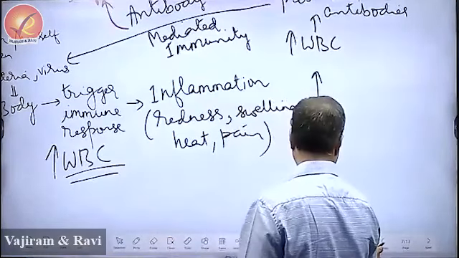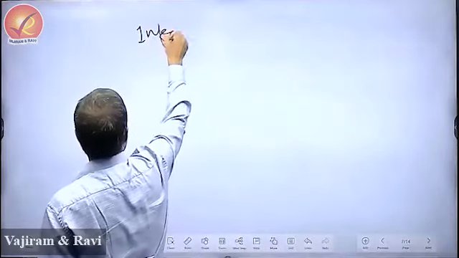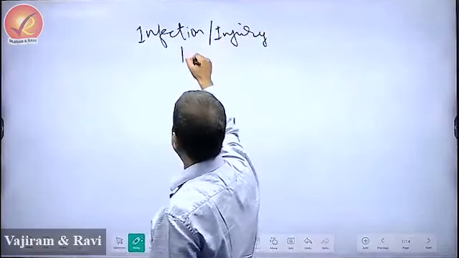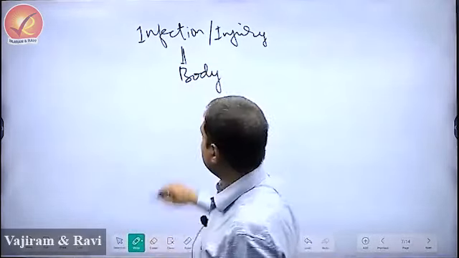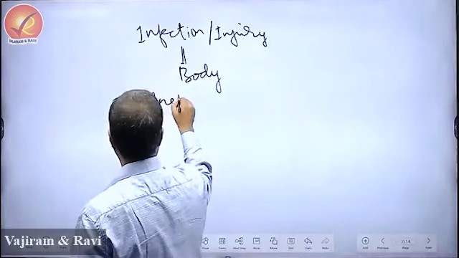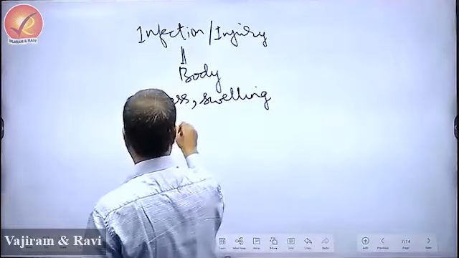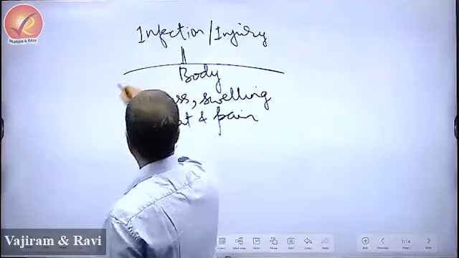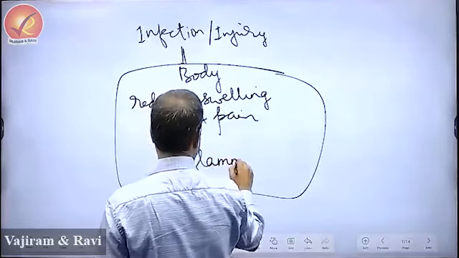So whenever some injury or infection occurs to your body, then the body will show signs of redness, swelling, heat and pain. And this we have written as what? Inflammation.